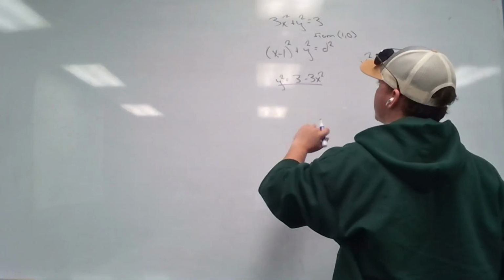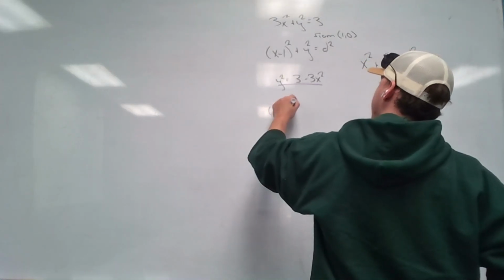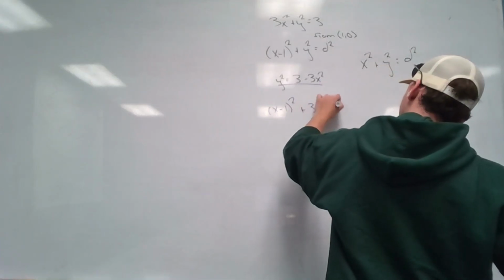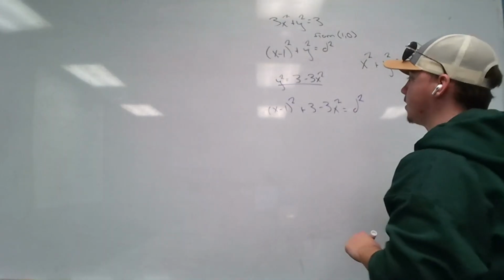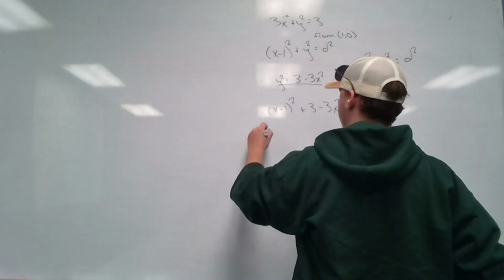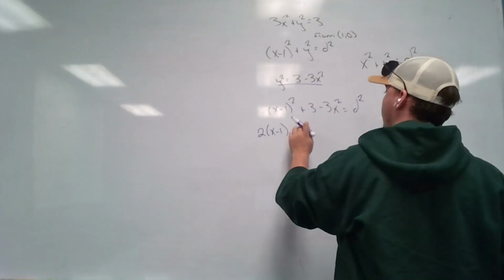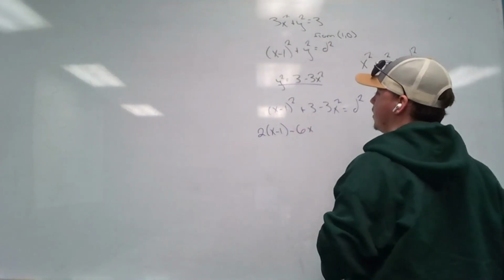It's just y squared equals 3 minus 3x squared. So (x minus 1) squared plus 3 minus 3x squared equals d squared. Now we take the derivative, just using the chain rule: 2(x minus 1) plus, well, it's going to be minus 6x. Easy.